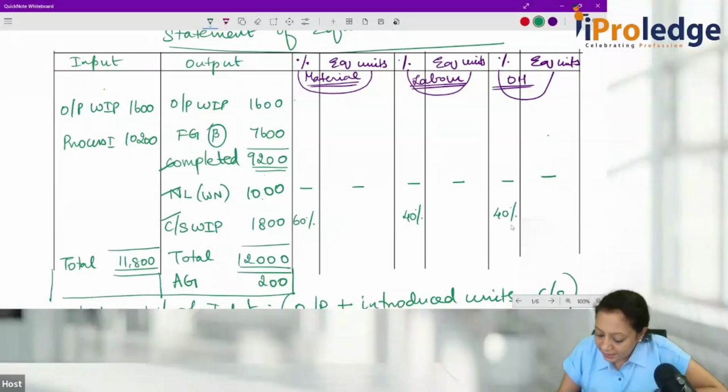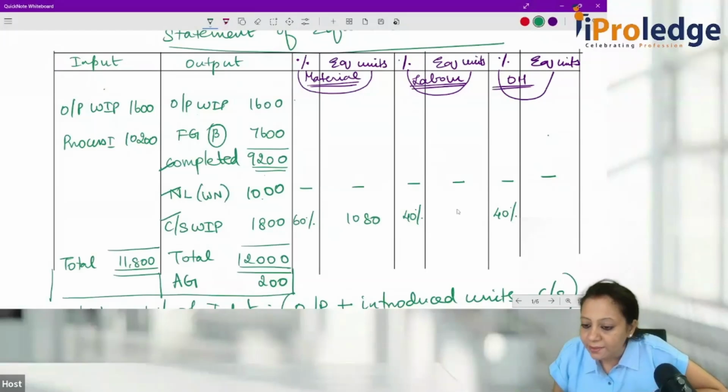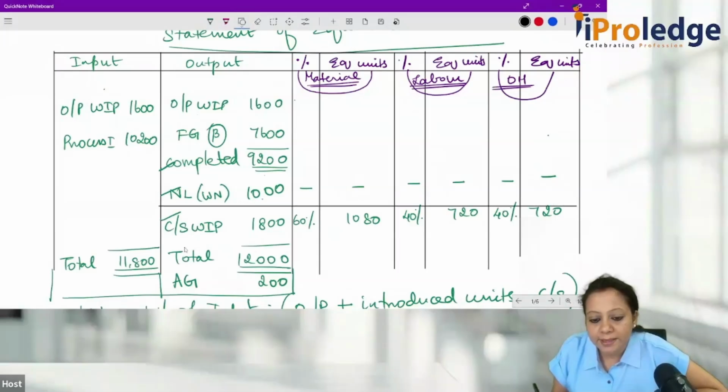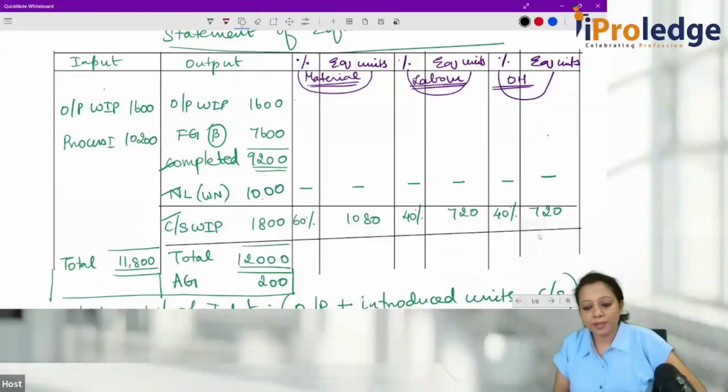So 1,800 into 60%. How much is that? 1,080? Yes. 1,800 into 40%. 720. Thank you, dear. So as far as closing WIP is concerned, this is the percentage of completion and this is the number of units.